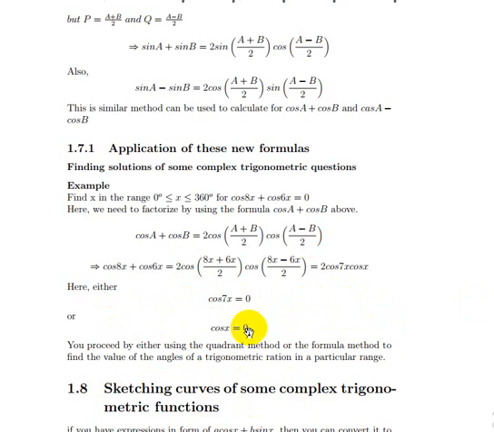Now, 0 is neither positive nor negative, so in all the quadrants where we find 90 degrees, you must involve it. So you have 90 degrees and 270 degrees for cos x.